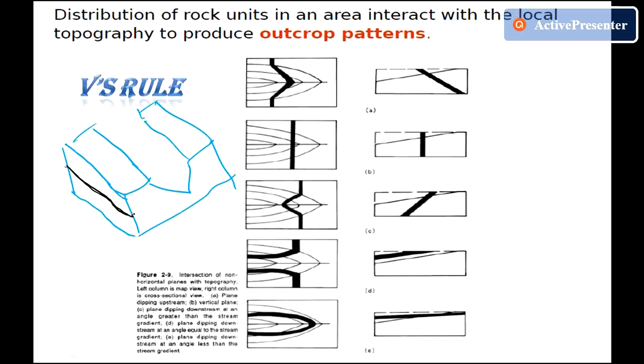Then you can see they will not intersect. It will go like this here, and it will go like this here. They will not intersect, they will not show a V. You can see they are not intersecting anywhere, as it is parallel to the ground surface. It will appear like this.